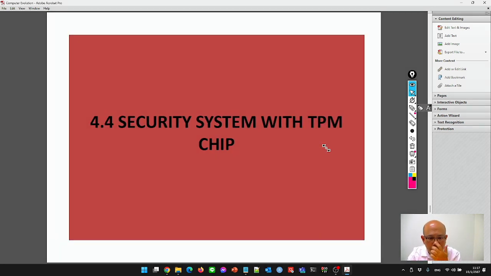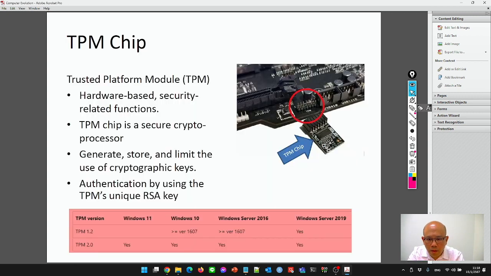Now in this topic, I will tell you about the TPM chip in computers. Computers like workstations, servers, and high performance and high-end notebooks have a TPM chip. What is a TPM chip?